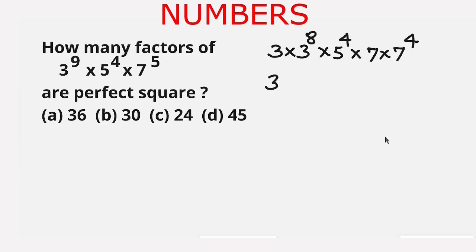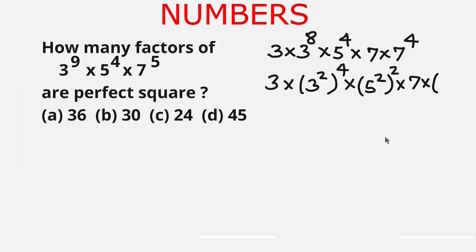So 3 multiplied by 3 to the power 8 can be written as 3 multiplied by 3 square to the power 4, 5 to the power 4 can be written as 5 square to the power 2, and 7 multiplied by 7 to the power 4 can be written as 7 to the power 2 to the power 2.